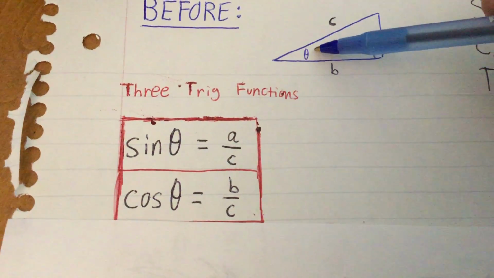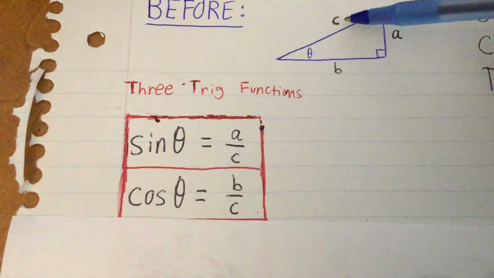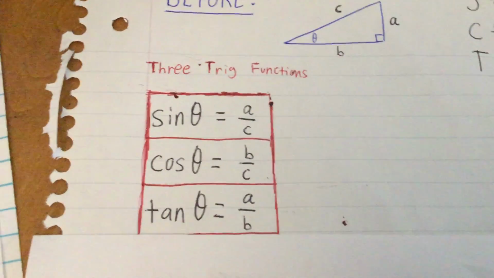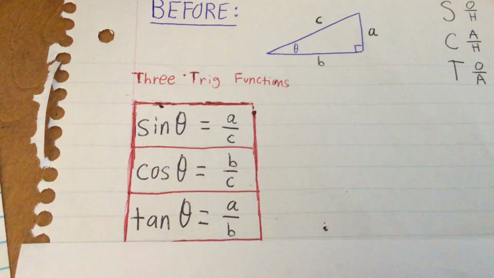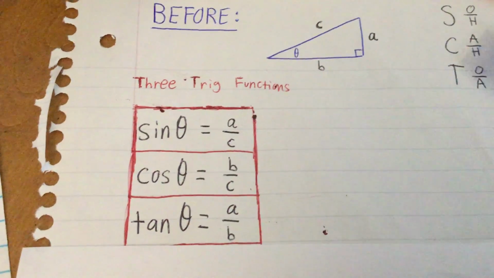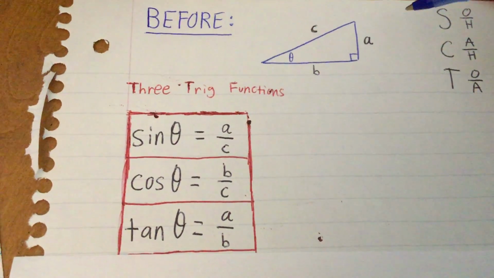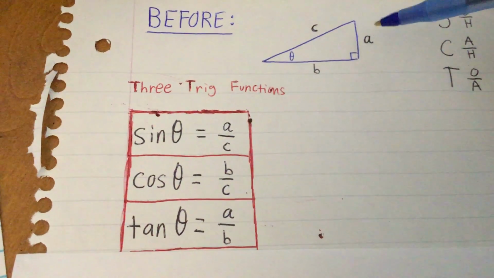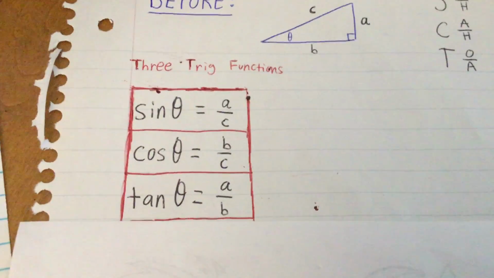So the cosine of angle theta in the diagram would be B over C. And the tangent, as far as we know, you'll find out later today that everything you know is a lot. No, I'm just kidding. No, the tangent of angle theta is the measurement of the angle's opposite side to its adjacent side, for now. It is A over B.